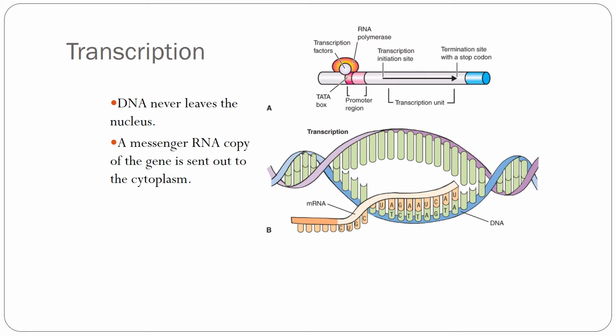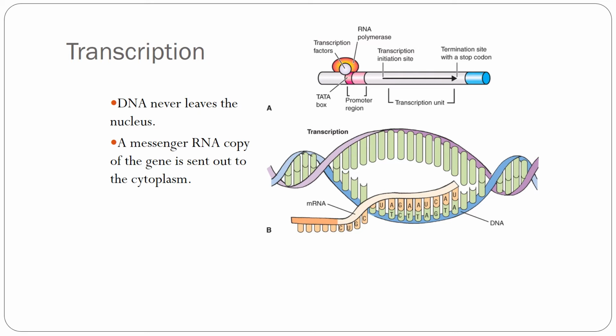In what type of cells can this occur? Only eukaryotic. Important concept, eukaryotic cells, and I'm sure you all know already that eukaryotic cells are the cells that have a nucleus, and the nucleus contains DNA. Prokaryotic cells don't have a nucleus, so that's the main difference. Of course, human cells are all eukaryotic.